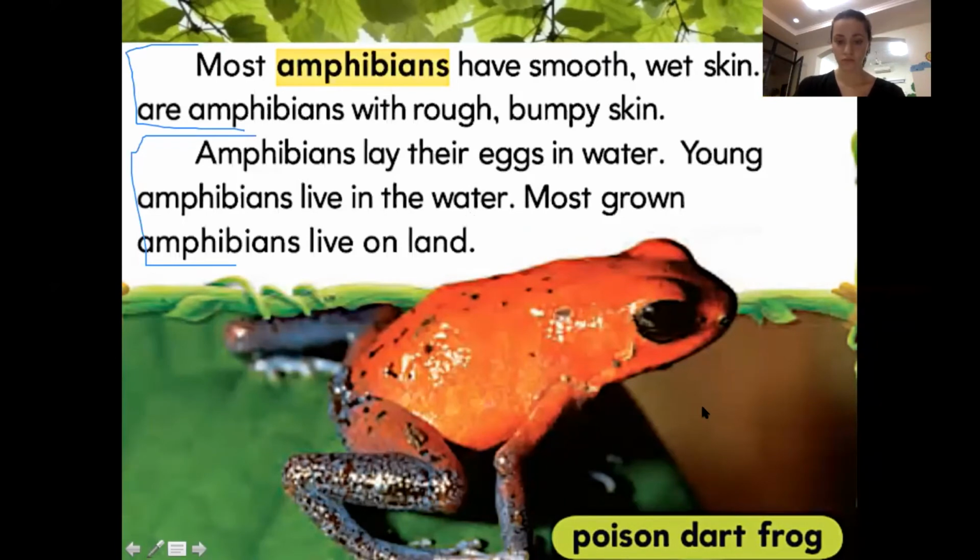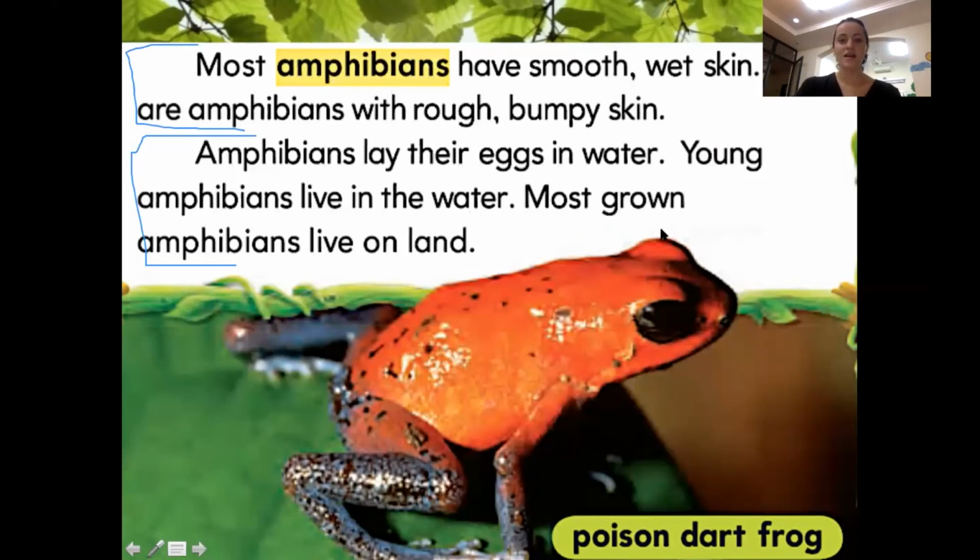Most grown amphibians live on land. Very good, John. Make sure we put the S on amphibians. One more time, can you say grown amphibians? Grown amphibians. Good, much better.